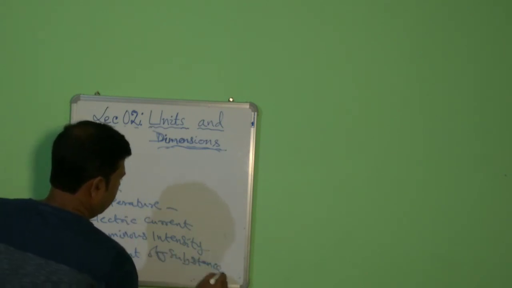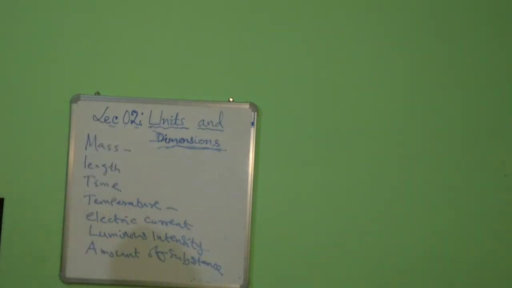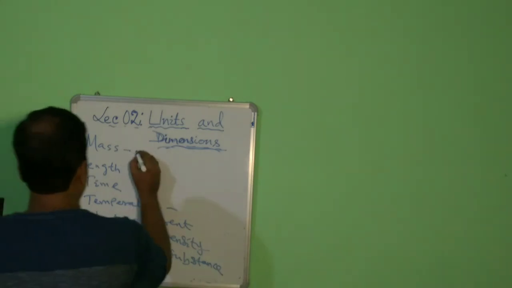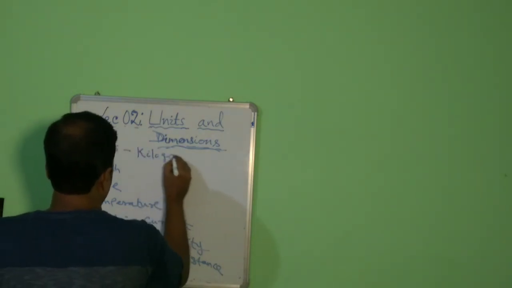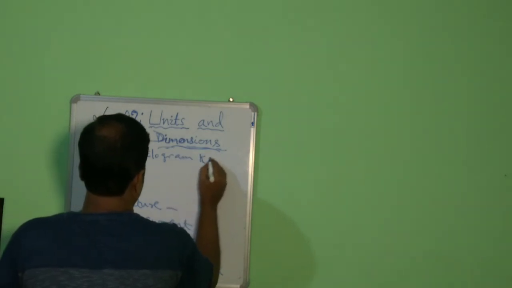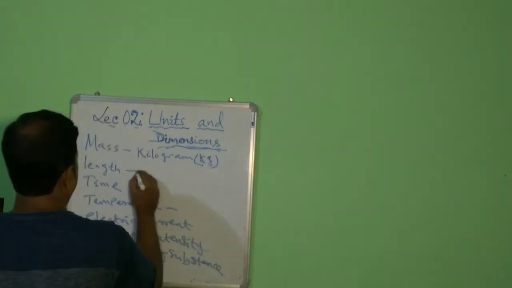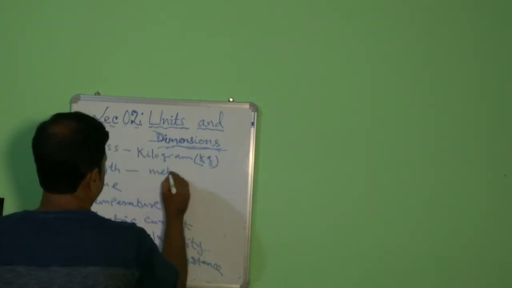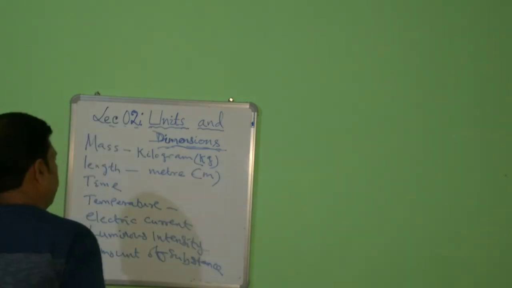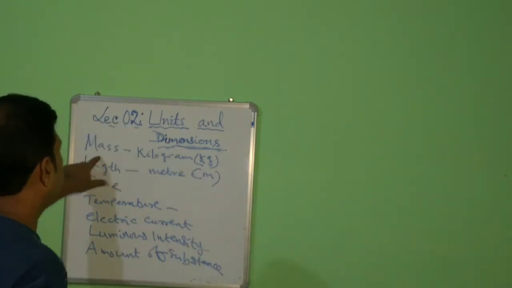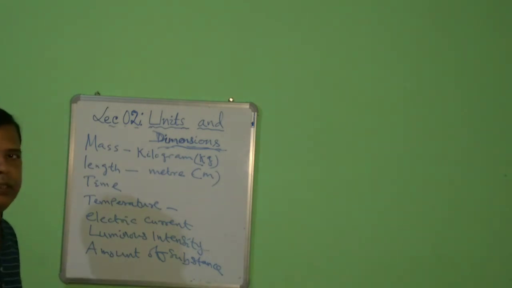These are the 7 fundamental quantities with their units. For mass, the unit is kilogram with symbol kg, and for length, the SI unit is meter with symbol m. These are the SI units of the corresponding physical quantities.